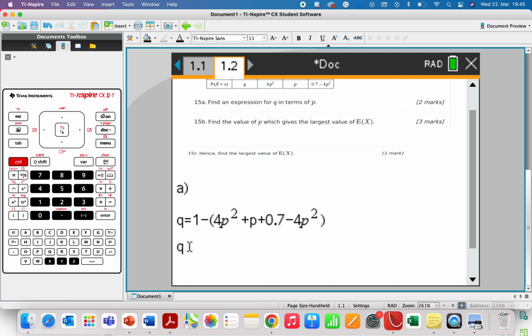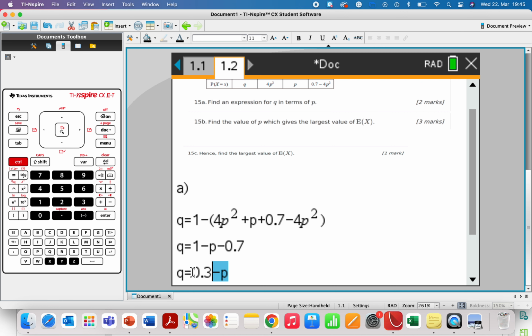So you've got q equals 1, and then we'll expand the brackets, minus p, and then that'll be minus 0.7. So therefore, we've got q equals 1 minus 0.7 is 0.3 minus p. So that would be the nice tidied up answer, but there is q in terms of p.